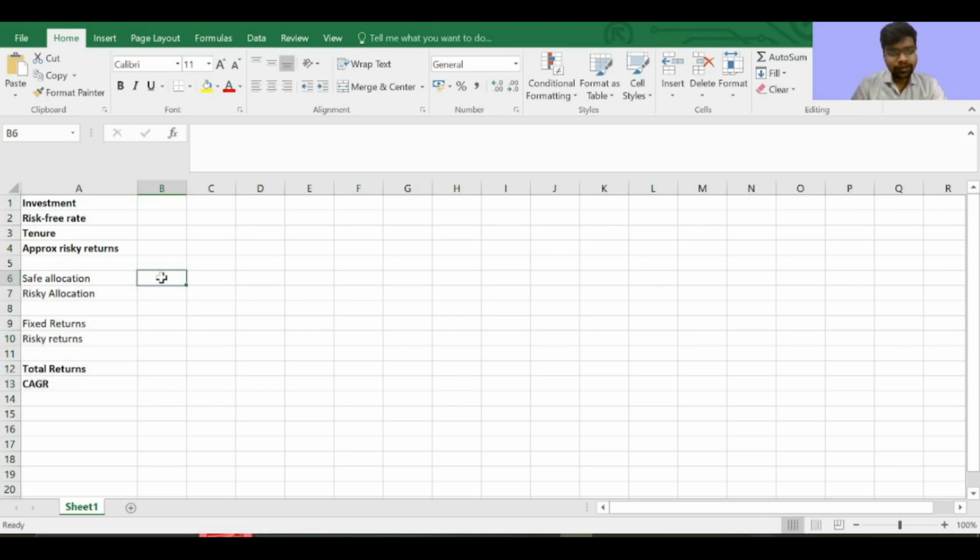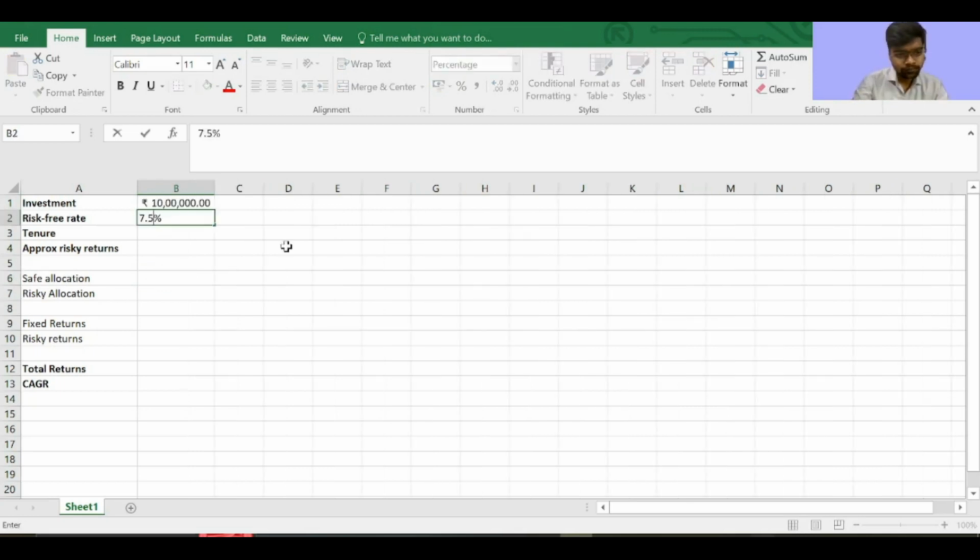But first we will be inputting the values in the top four fields. We are taking 7.5% as a risk-free rate because currently the GSEC bond yields are around 7.58%. And for the next fields, you need to copy the formula that I'm putting in the cells.